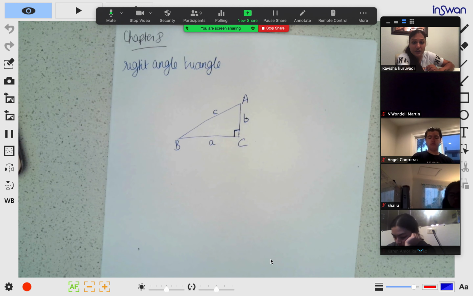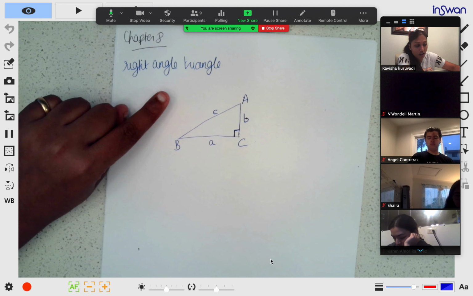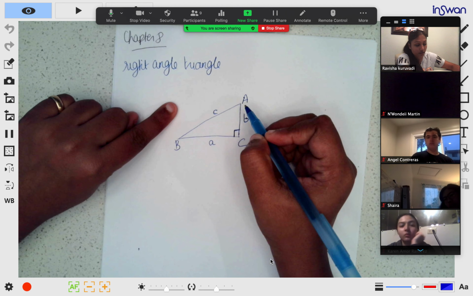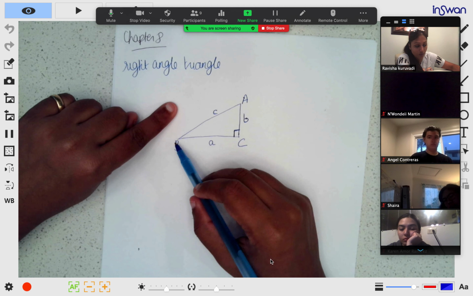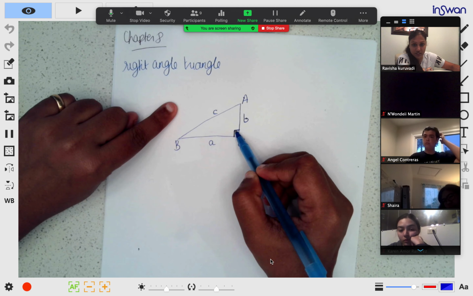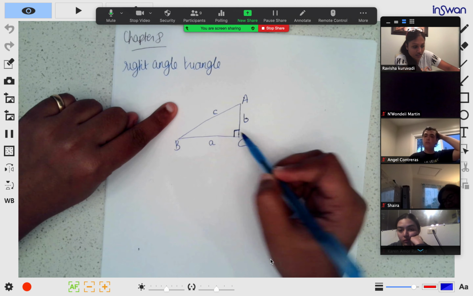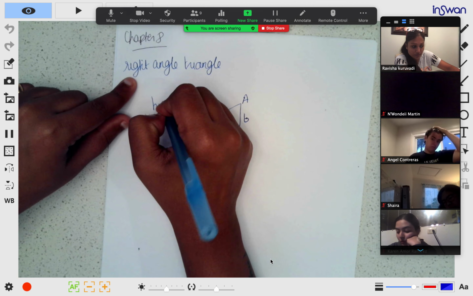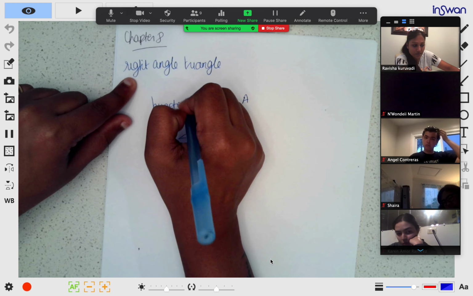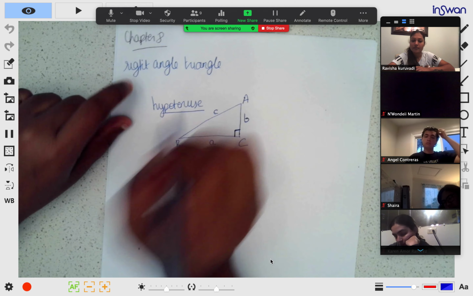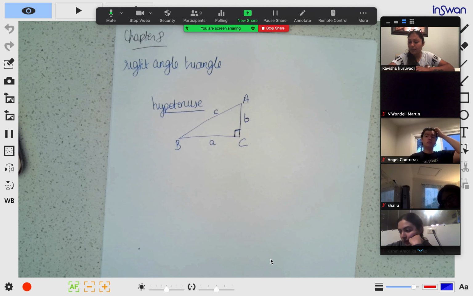There is a special name for the longest side, the side opposite to this 90 degrees. That is the hypotenuse.